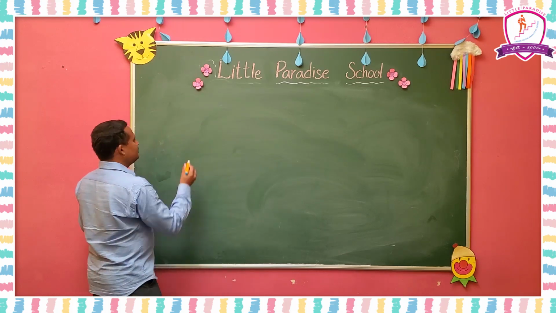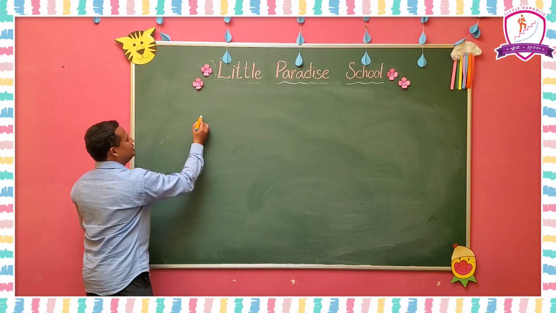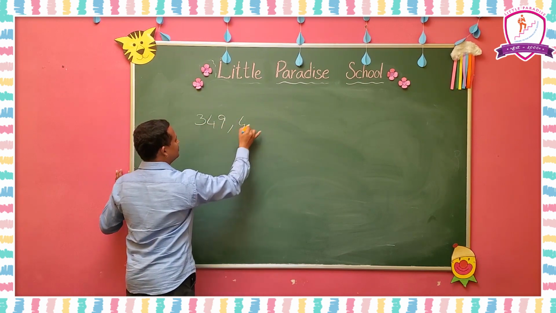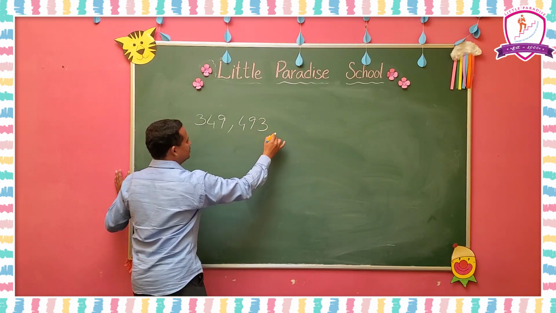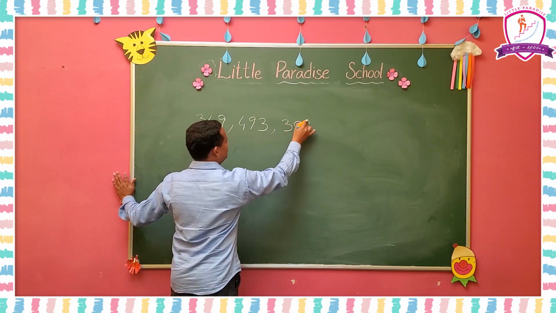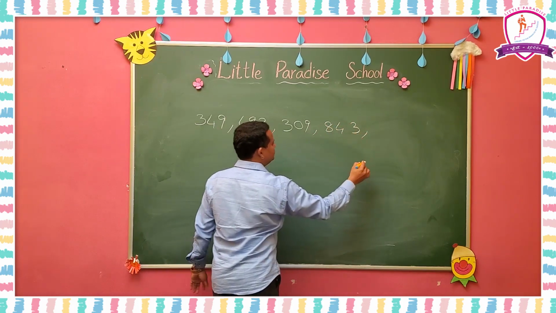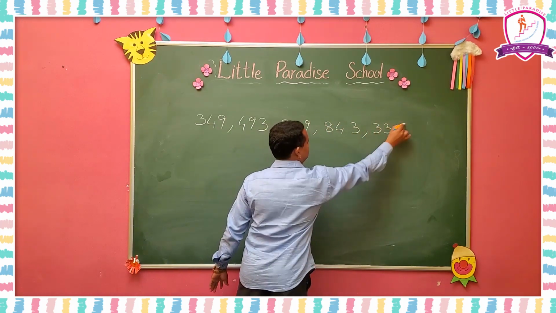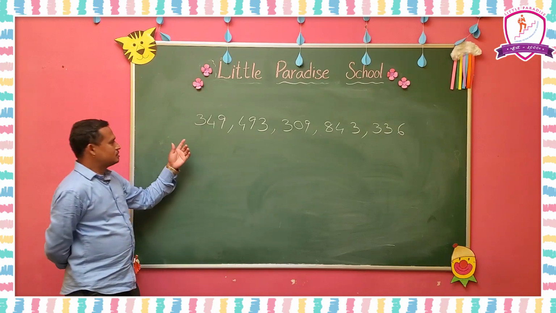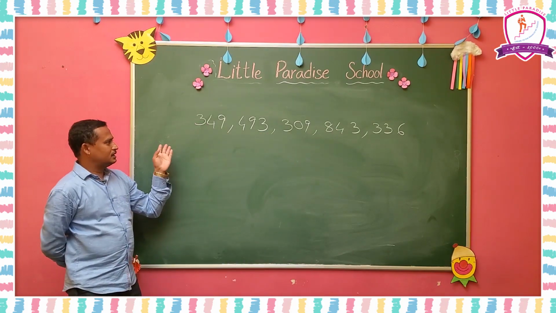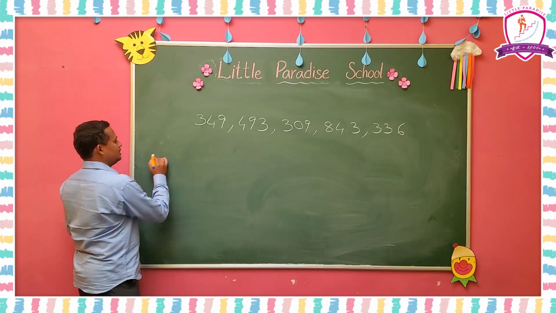So I am going to write some numbers here. Here I wrote 5 numbers. We are going to arrange these numbers into ascending order first.